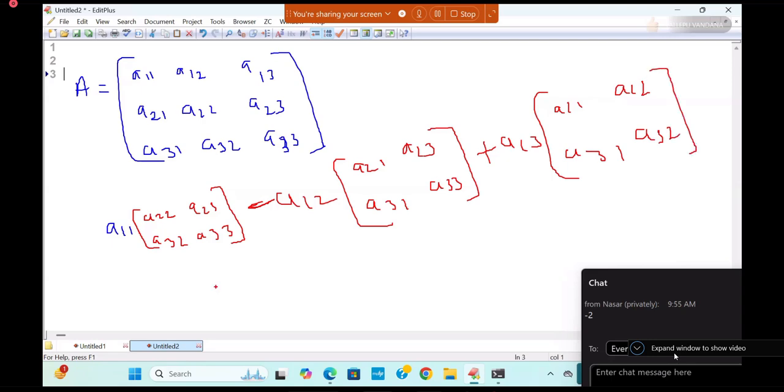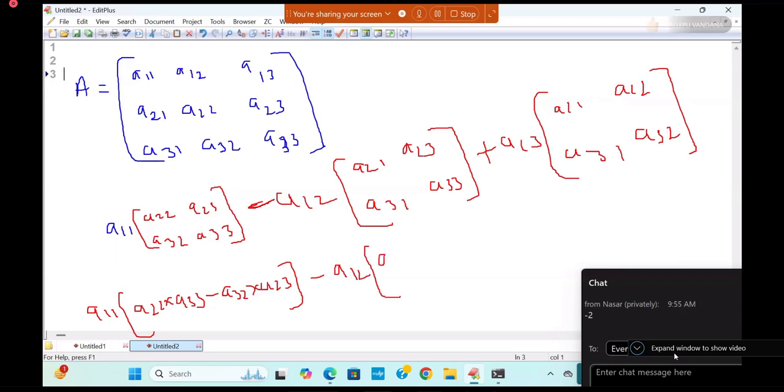And here I will write it. A11 of what is this? A22 into A33 minus A32 into A23. This part is a big calculation.